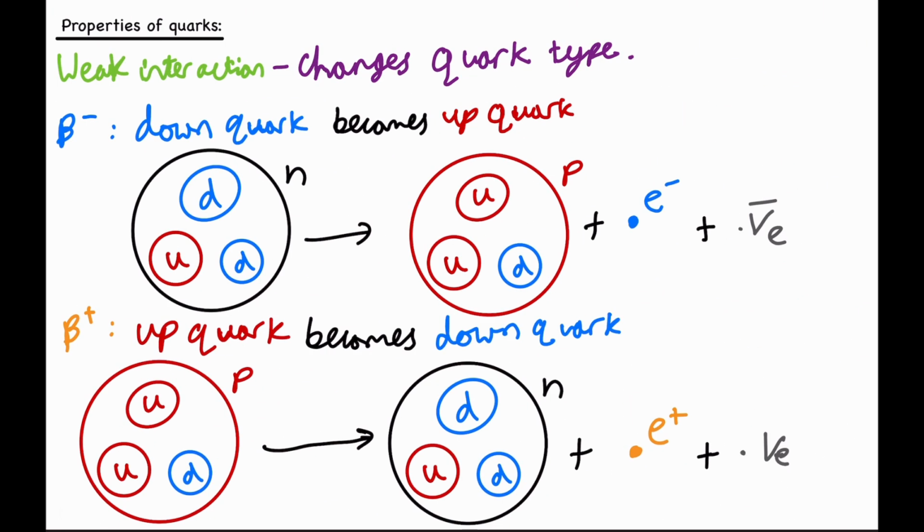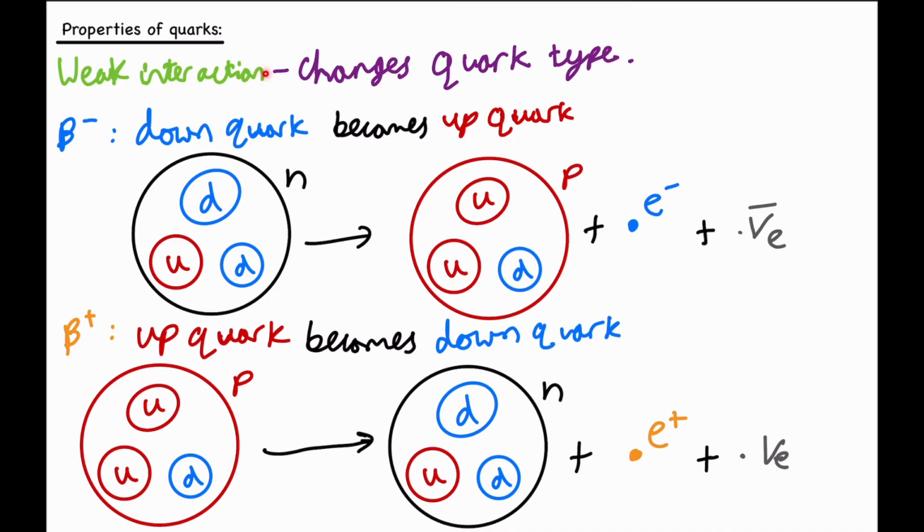So now let's move on to the properties of quarks. The weak interaction changes the quark type in the baryons or mesons. For example, if we look at beta decay, when a down quark turns into an up quark, or remember we said a neutron turns into a proton and then releases an electron and an antineutrino, it's the same but with quarks.